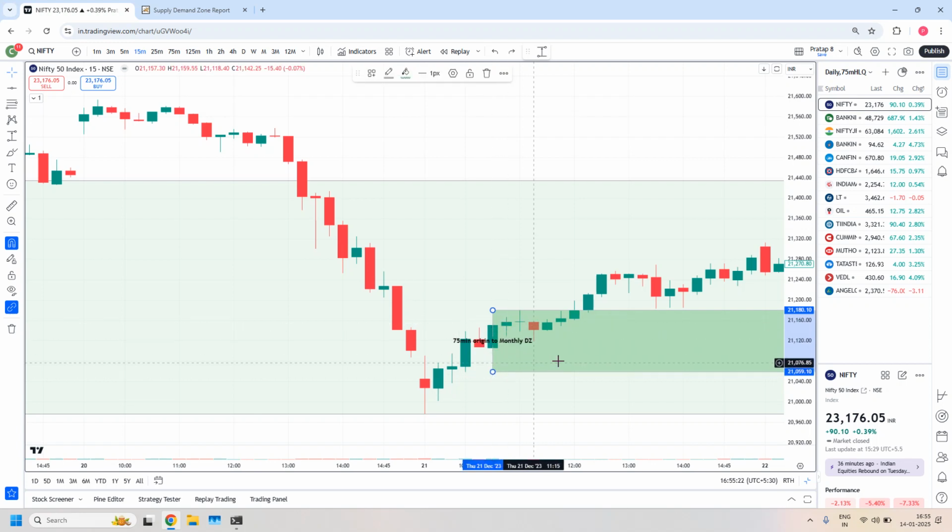Yes, it is a big candle. So let me draw such a big one, let me make it type 2 proximal. So let's see, from here it picked up and again moved up from the 15 minutes. So we should have a fine-tuned 5-minute zone somewhere here. If that is there, then this is going to be a strong institutional order flow.